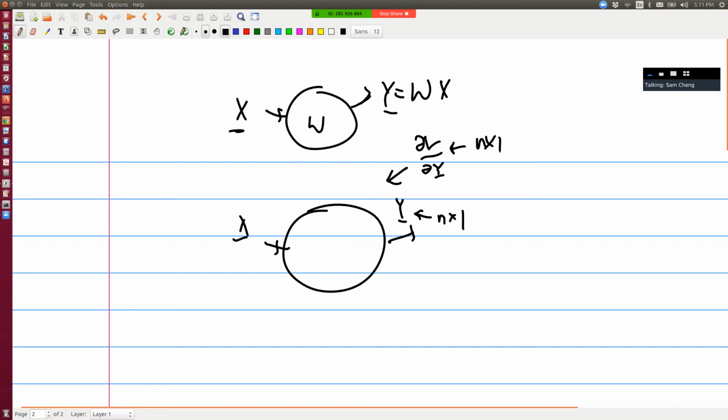It's also n by 1. Remember that we eventually update this with the gradient, so the dimension better be the same. So now partial L partial X also has the same dimension, n by 1. How should I get this?